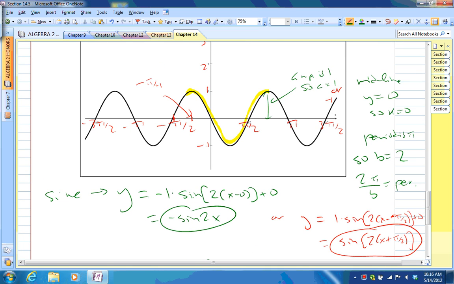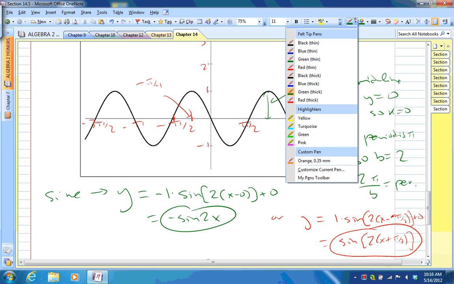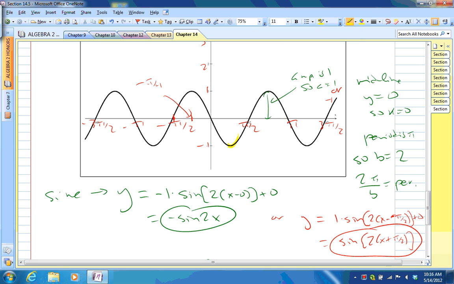Or you could have started at the bottom, that's another possibility. We could start here and do that. So this case is starting at pi over 4.